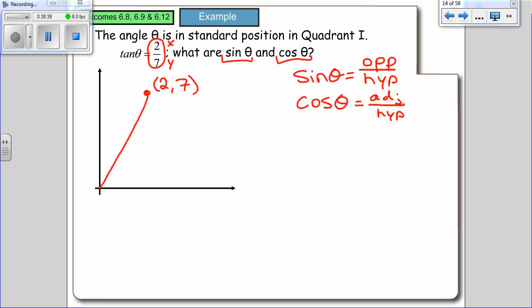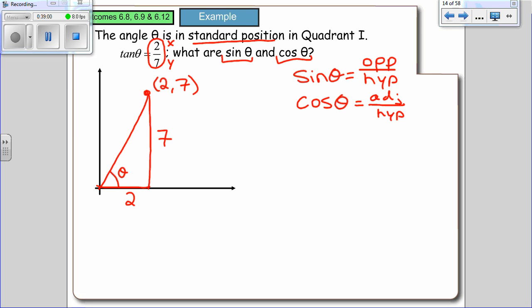Standard position. Theta's right there. Opposite over adjacent is simply y over x.